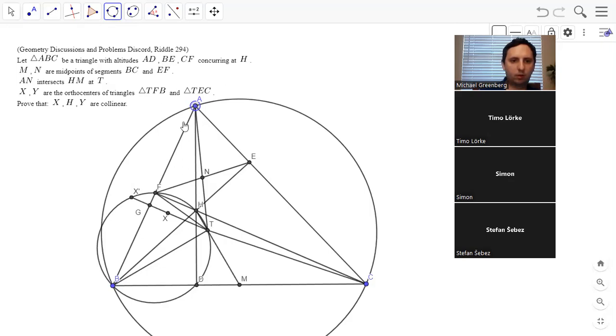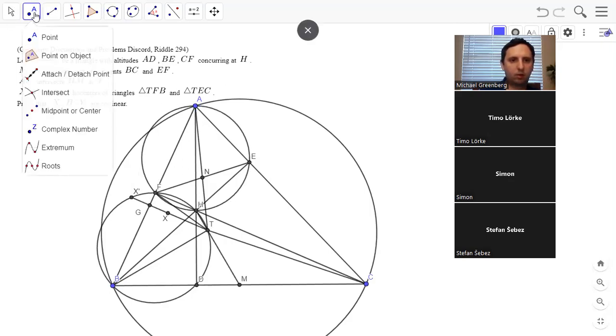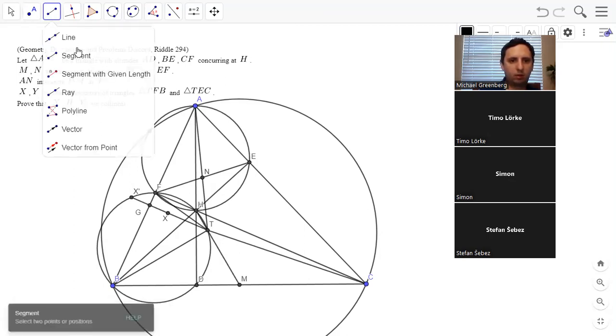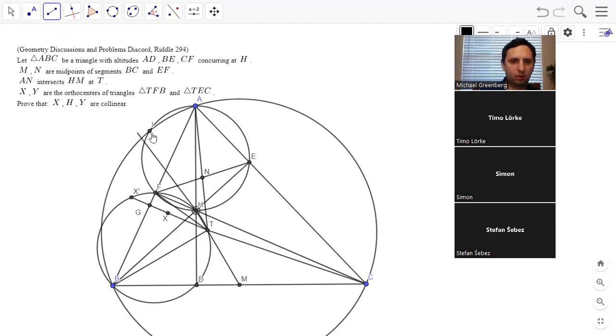I forgot what it's called. It is probably very useful because it lies on HM, and it is also cyclic with ATG.